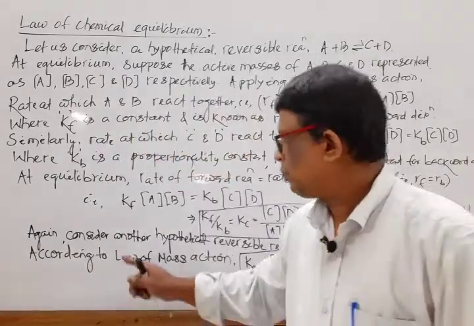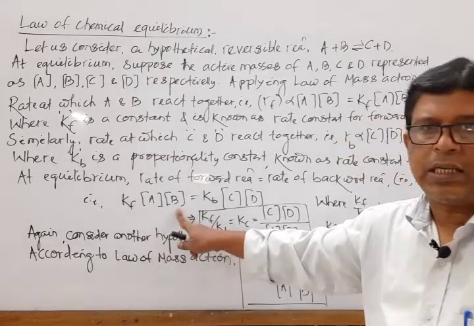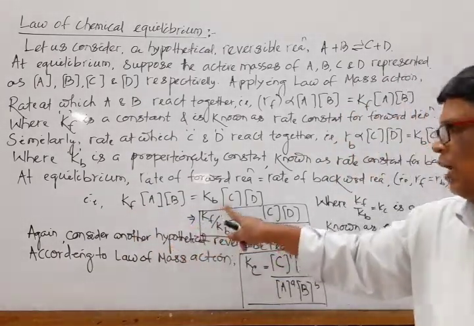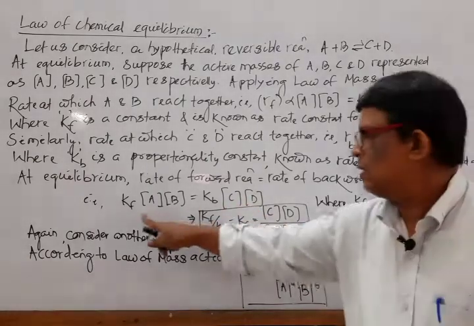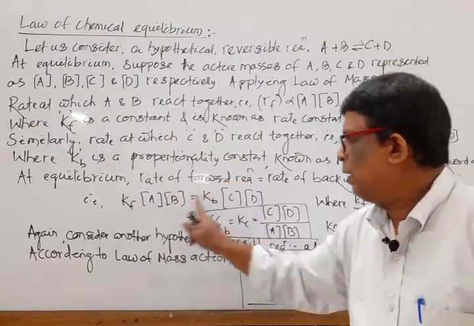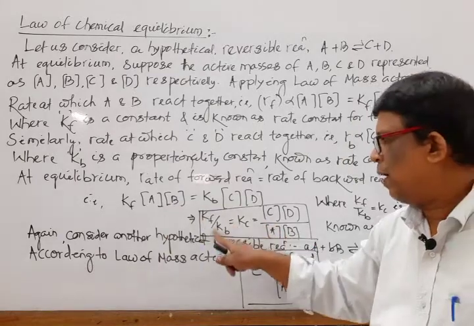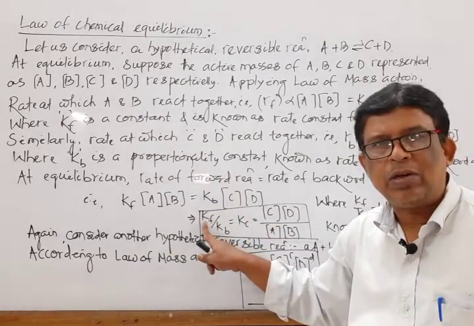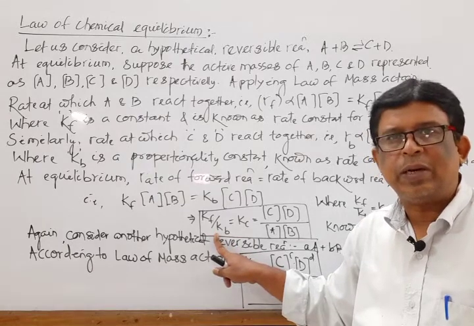That means Kf into the product of active masses of A and B is equal to Kb into the product of active masses of C and D. By rearranging, Kf by Kb transfers to this side, and A and B transfer to the other side. Kf by Kb is a constant under similar conditions of temperature and pressure.